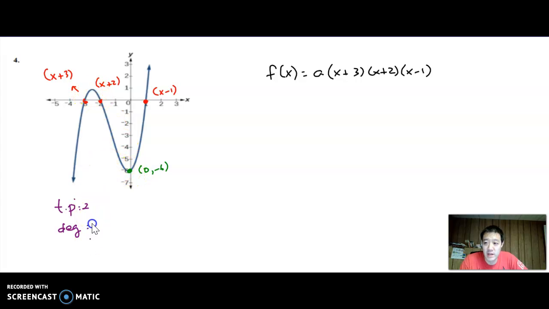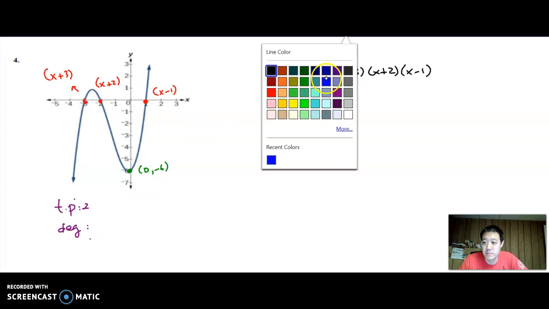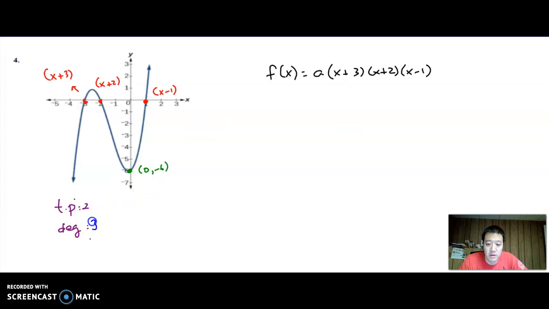So that means that the degree must be 3. And that's going to make sense because at each of these x-intercepts, it just goes straight through it, so those all get 1s. And so when you add those up, it equals the degree 3.